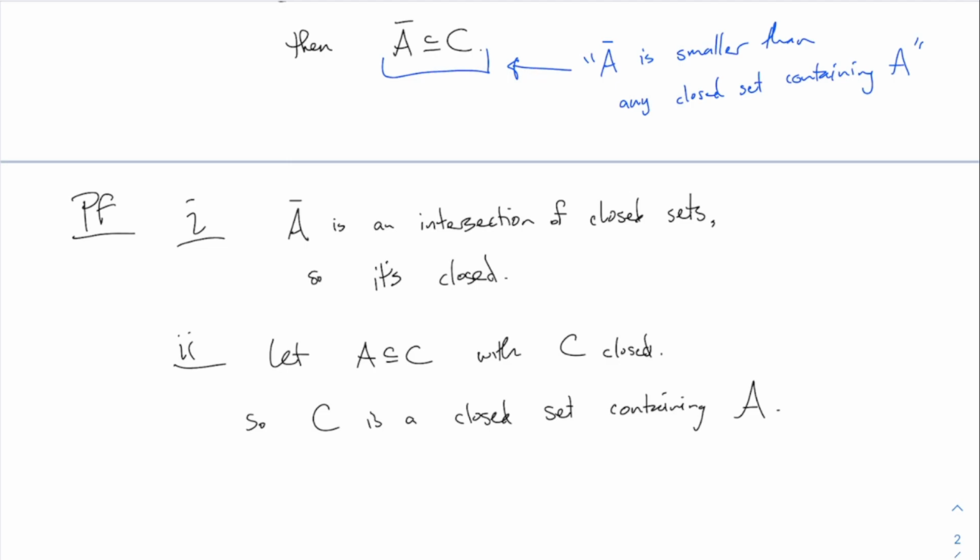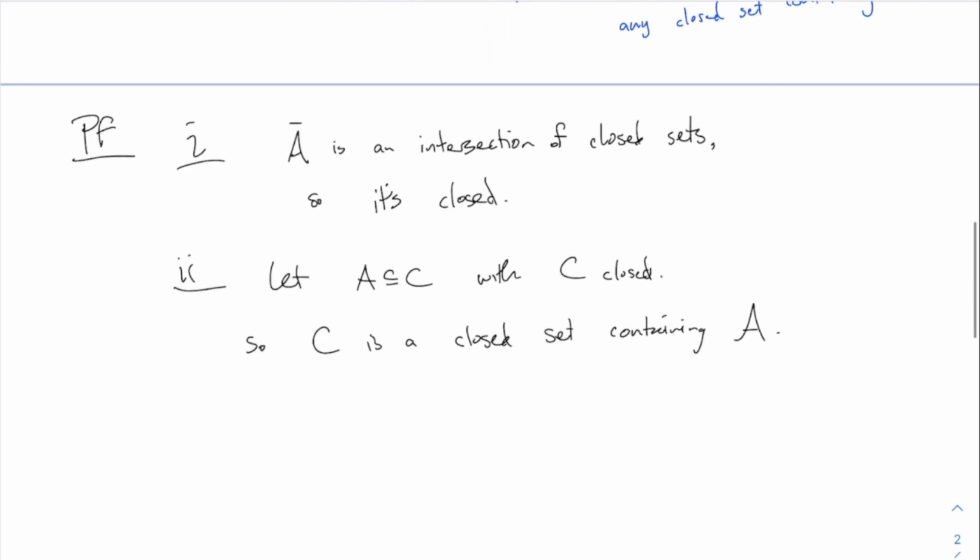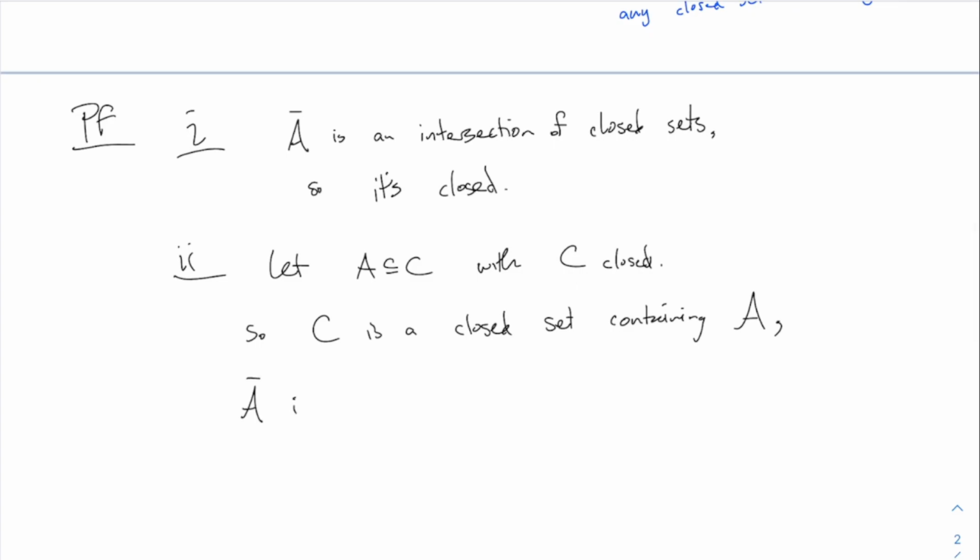All right, so C is a closed set containing A. A bar is the intersection of all closed sets containing A. And so that's smaller, right? So A bar is a subset of C. C is just one of those closed sets, but A bar is the intersection of all of them.